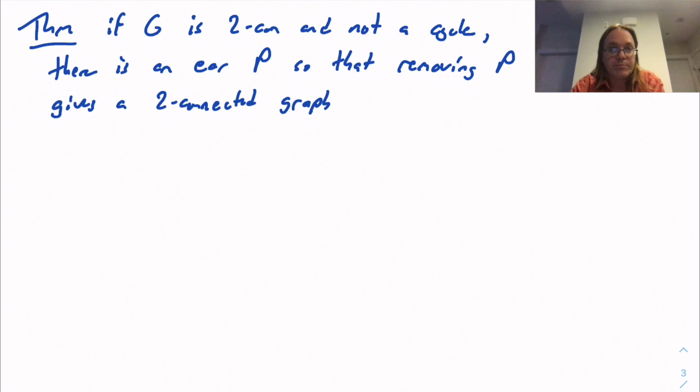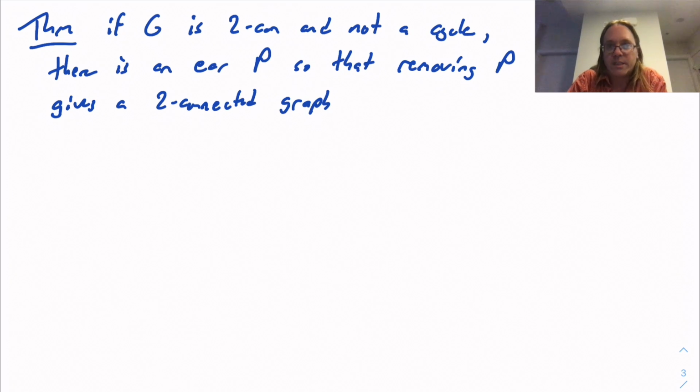If you do that, you're going to be left with a smaller 2 connected graph. If you are trying to prove something by mathematical induction about 2 connected graphs, this is a fantastic looking tool, right? You take one ear, you remove it, you've got a 2 connected graph. You can now apply your theorem and see what it gets you and try to put that ear back. So I'm not trying to actually use this right now.